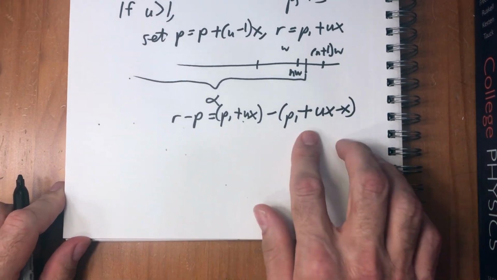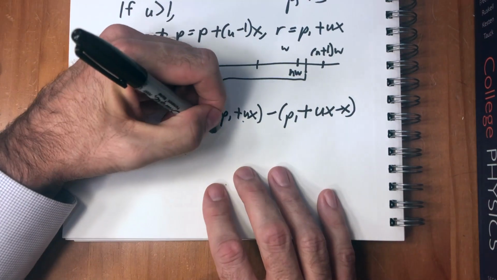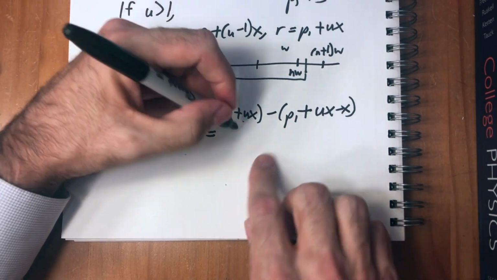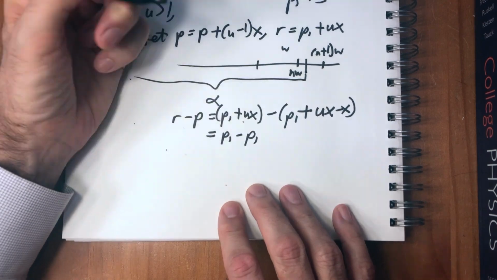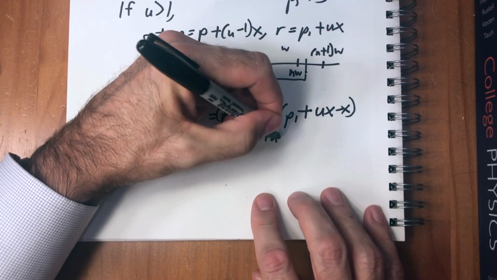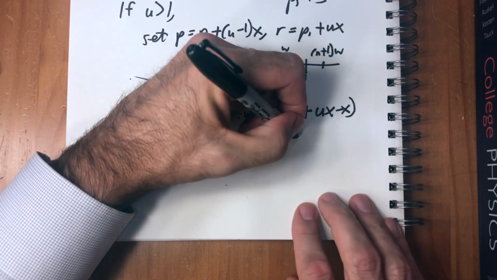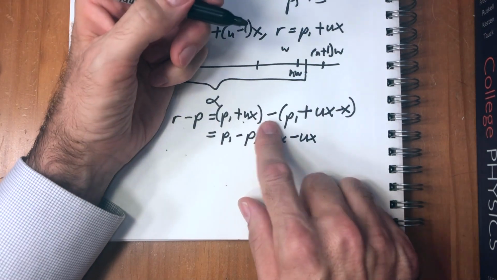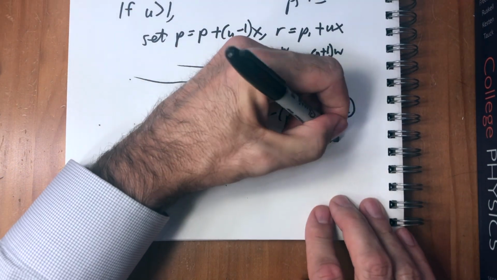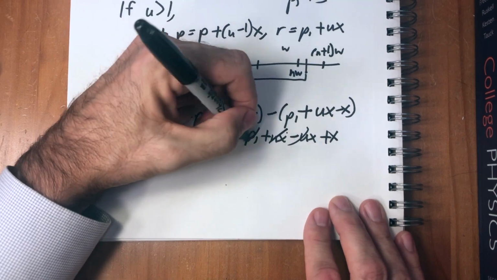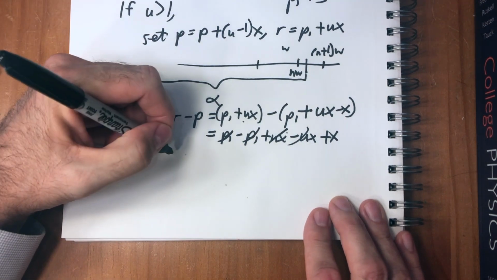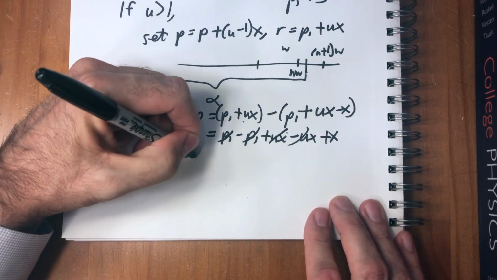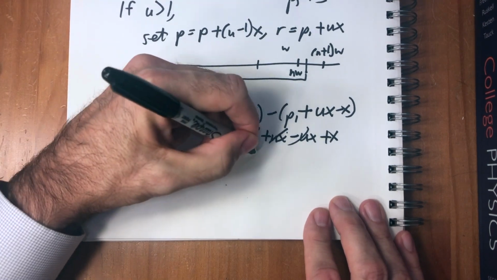Okay? And then we rearrange them. So it's p1 minus p1, and then plus ux minus ux, plus x. These cancel, and once again, we have that r minus p equals x.